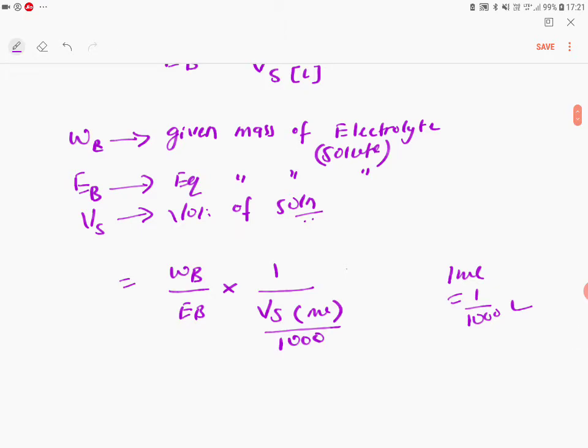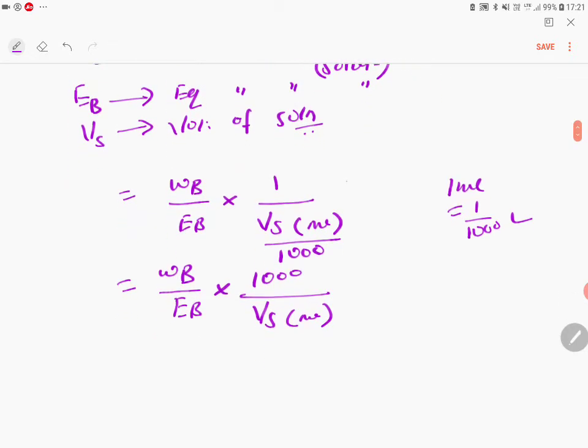Now you arrange this equation, 1000 you will get in the numerator, with volume of the solution in ml. So this is the normality formula.